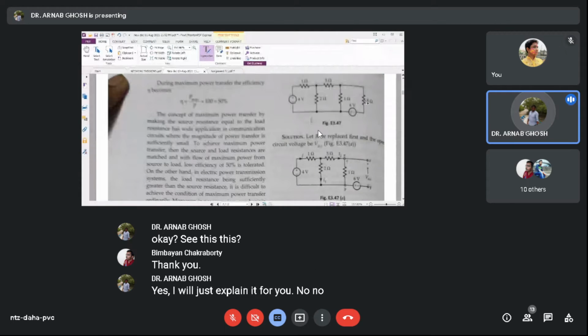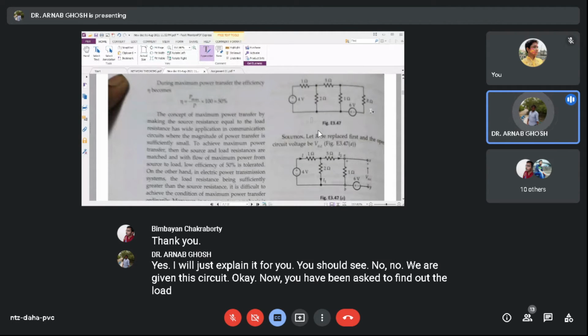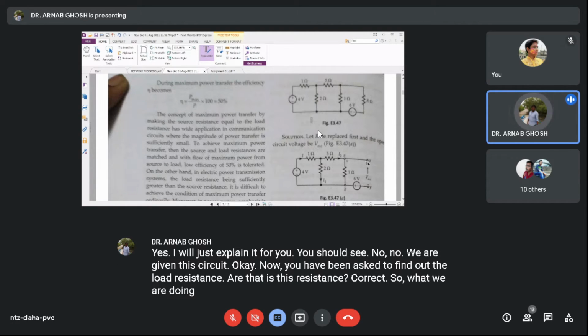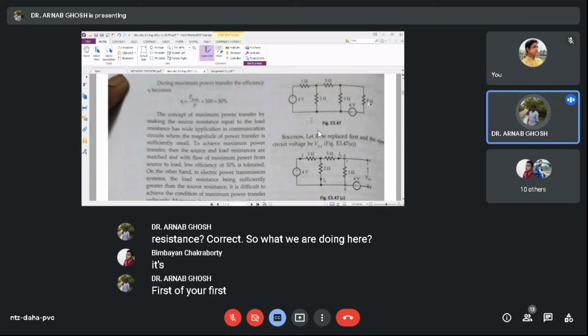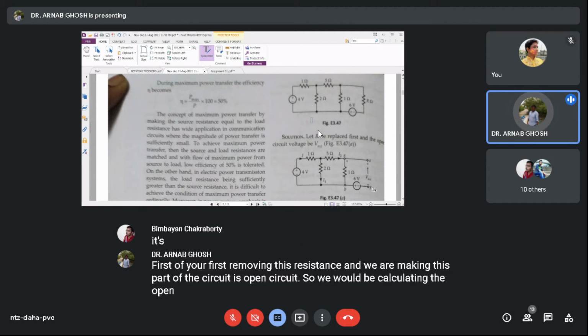See, we were given this circuit. Now you have been asked to find out the load resistance R. So what we are doing, we are first removing this resistance and we are making this circuit, this part. So we would be calculating the open circuit voltage across the terminals X and Y, right?